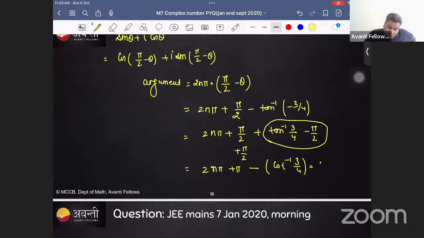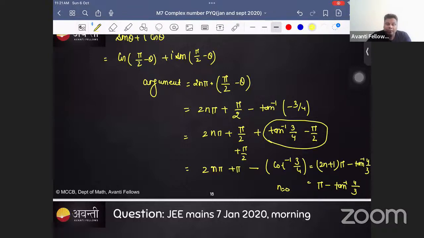So this will be what? (2n + 1)π − cot inverse 3 by 4. Now this cot inverse 3 by 4 can again be written as tan inverse 4 by 3. And if you put n equals 0, it will be π − tan inverse of 4 upon 3. Got it? There are one or two properties which you might not be aware of.